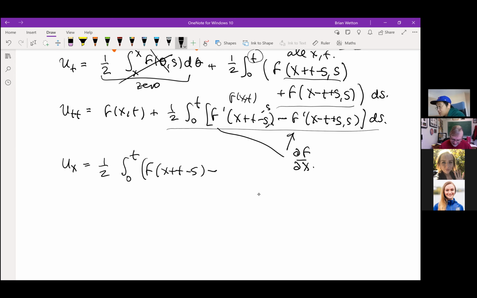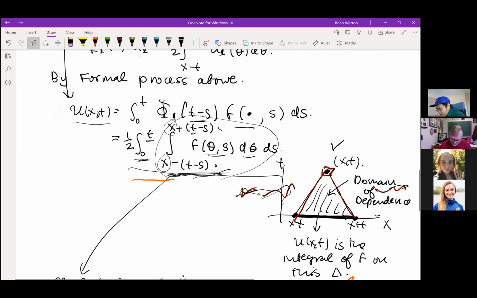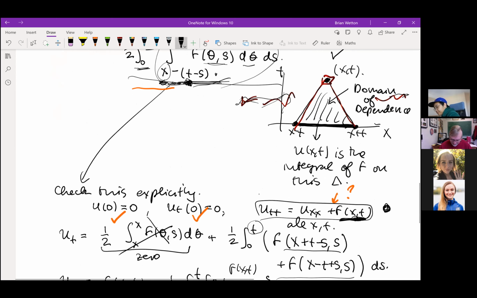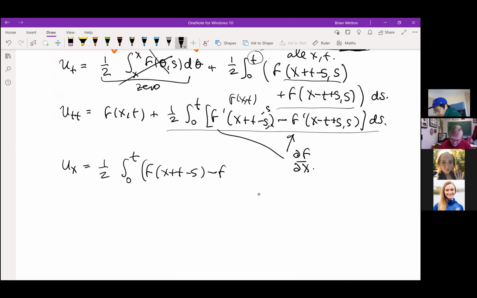But now it's going to be minus, right? Because I'm doing it with the lower derivative, but the sign changed here because I was taking the derivative with t, but here it's not. F, and s, which I forgot in the notes. F of x minus t plus s, and then I'm still integrating in time. And when I take uxx, now I take the partial derivative.